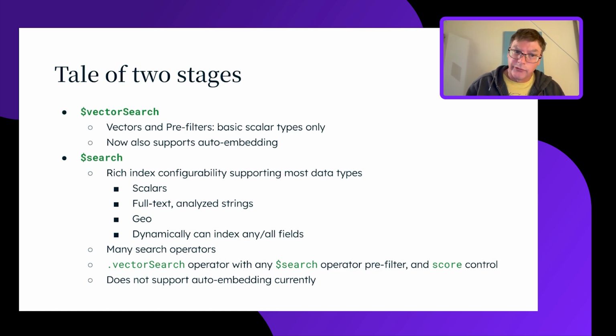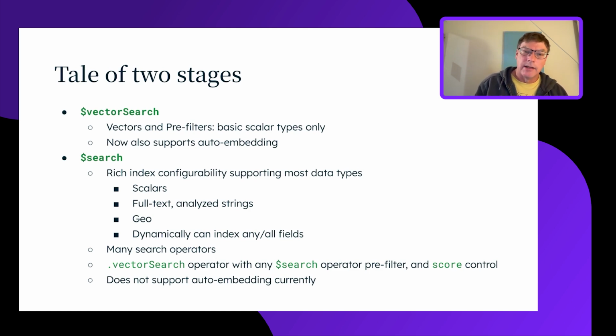And it also, of course, supports the scalar types that the vector search also supports for pre-filters. But in addition to the scalar types and the full text fields, it supports geographic, geospatial indexing and queries, and it also supports dynamically indexing any or all fields of particular types. There's a rich capability to dynamically map fields across all documents in your collection.